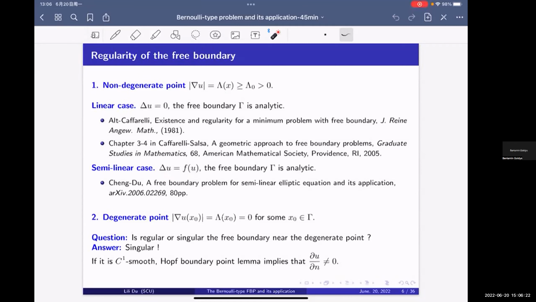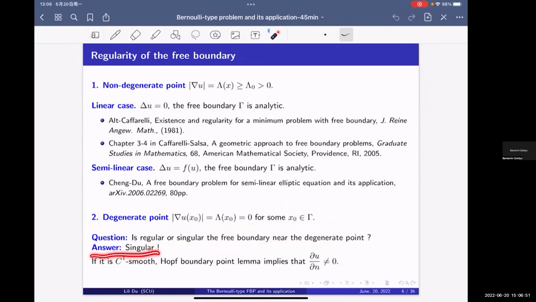One of the motivations to study the semilinear case is to investigate incompressible jets with general vorticity. However, for case 2, the degenerate case, if there exists a point x0 on the free boundary such that the gradient of u vanishes at x0, then the natural question is: is the free boundary regular or singular near the degenerate point?